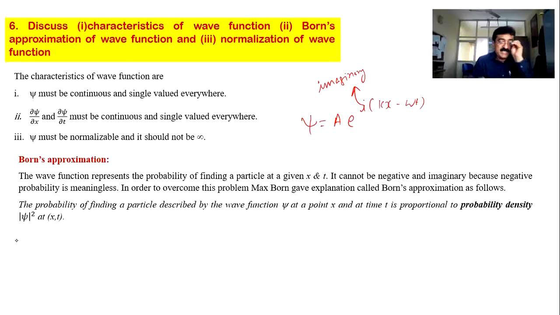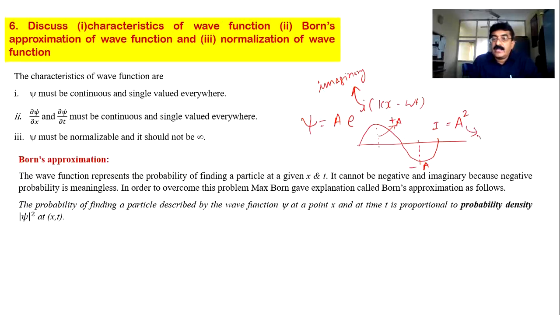What he says, see, in case of normal waves, I write one normal wave diagram. See, this is a normal wave where this part is called amplitude and this is also amplitude, but here it is negative amplitude, this is positive amplitude, and if you take the square of amplitude you get intensity.